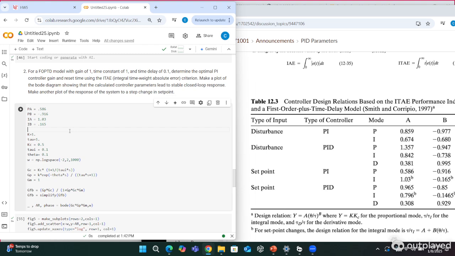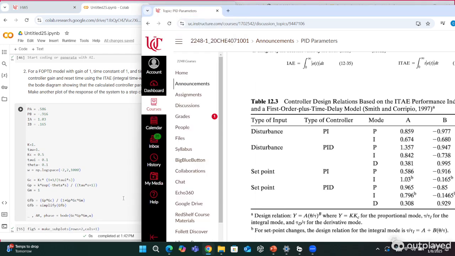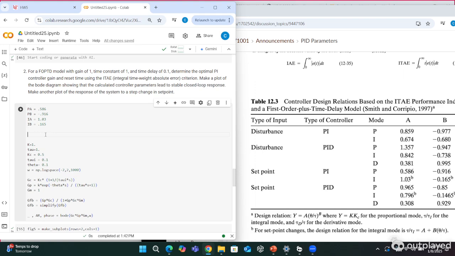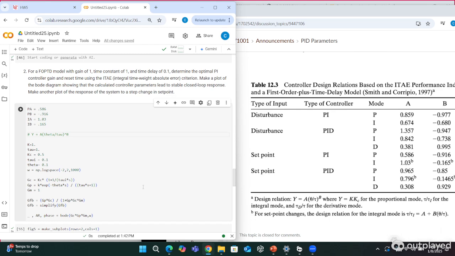All right. Can I copy? No, I can't copy and paste this. Let me quickly write out the formula for that. So that's going to be y equals A theta divided by tau to B, or y is K times Kc.